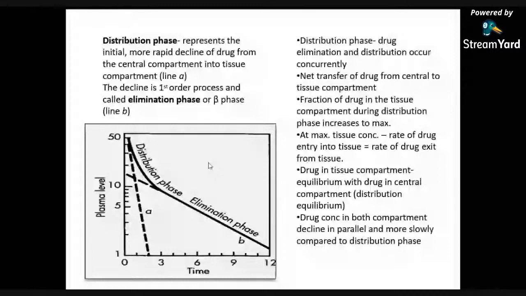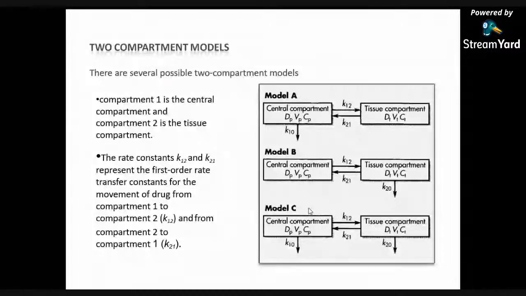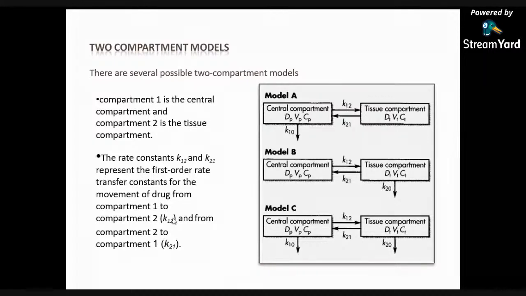Here is the two compartmental model representation. There are several possible two compartmental models, as you can see here: model A, model B, and model C, depending upon their different types of kinetics. Compartment 1 is the central compartment and compartment 2 is the tissue compartment.